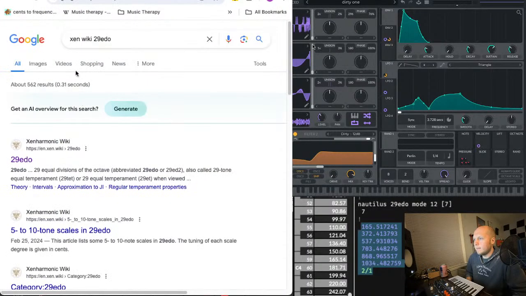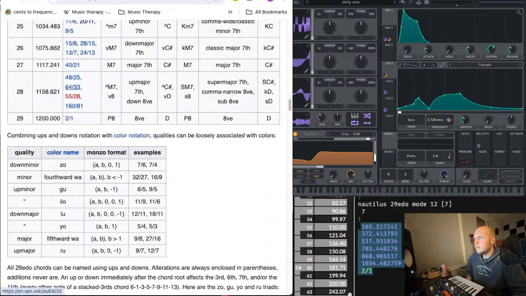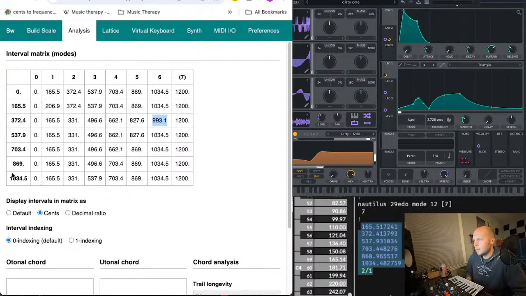So yeah, I'm just interested in this. It's like a cute little subscale of a subscale, and I kind of like that it's got 2 of each type.